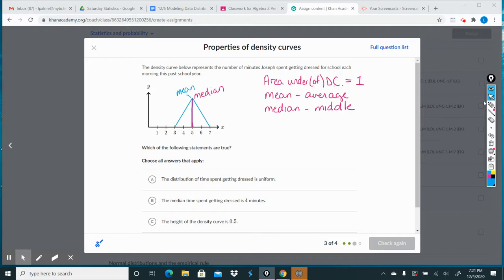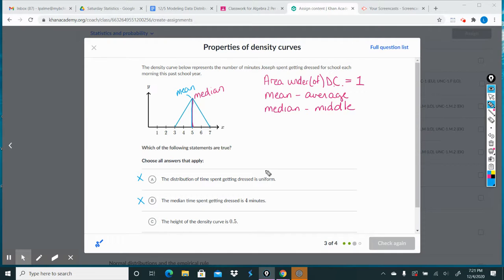It would have to be kind of like a straight line going straight across here for it to be uniform. So we know that it is not uniform. The median time getting dressed is 4 minutes. We already determined that our median time is approximately 5, because that would be the middle value here. So it cannot be that.